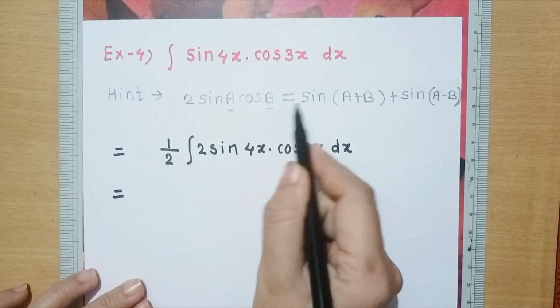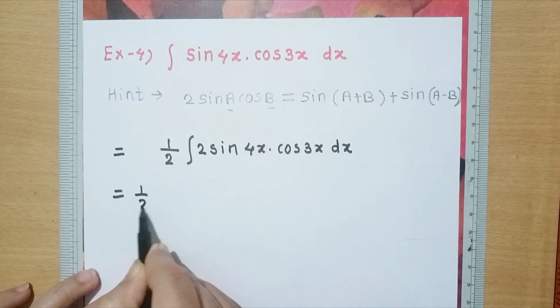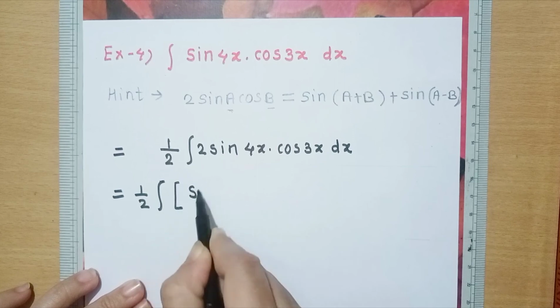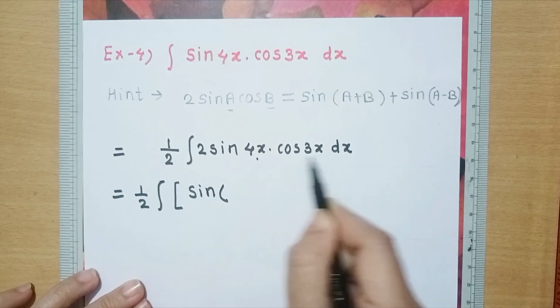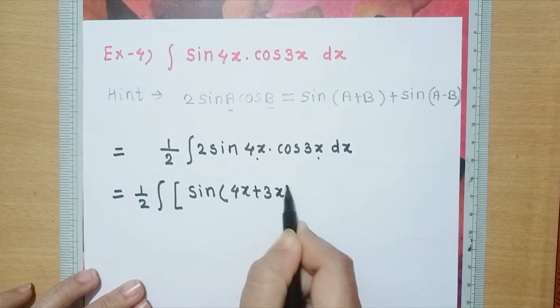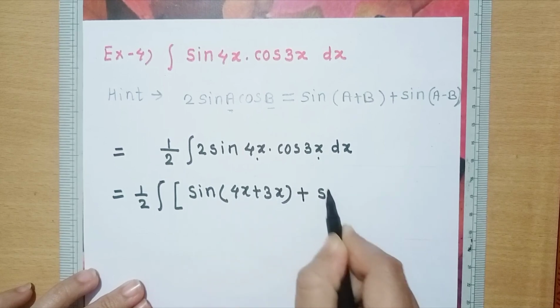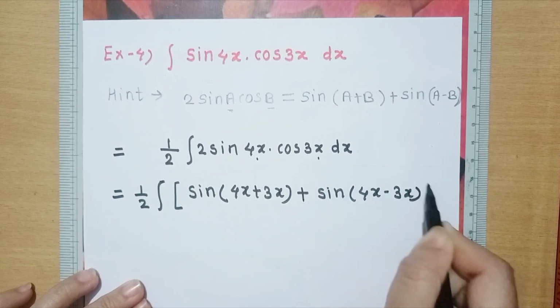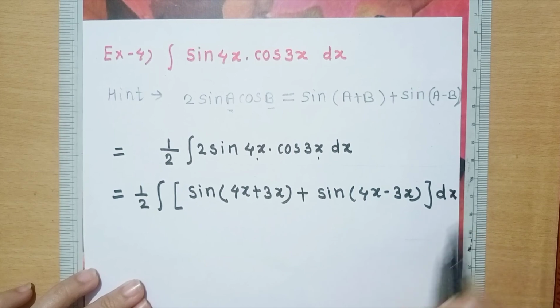Now again we will use this formula, so 1 upon 2, this is the integration symbol, and we will write sin, then this plus this, so 4x plus 3x, then the middle sign plus, and now subtract, so 4x minus 3x, and then write down dx.